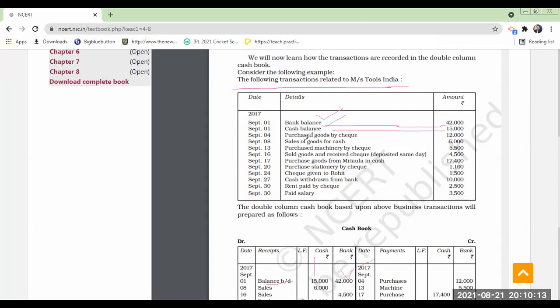Okay. Now, purchased goods by check. What does it mean? It is expenditure, but you paid from the bank. You issued a check, which means cash balance will not decrease, but bank balance will decrease. So that is why in the bank column you have to mention that 12,000 rupees. Is it clear? Yes, sir.